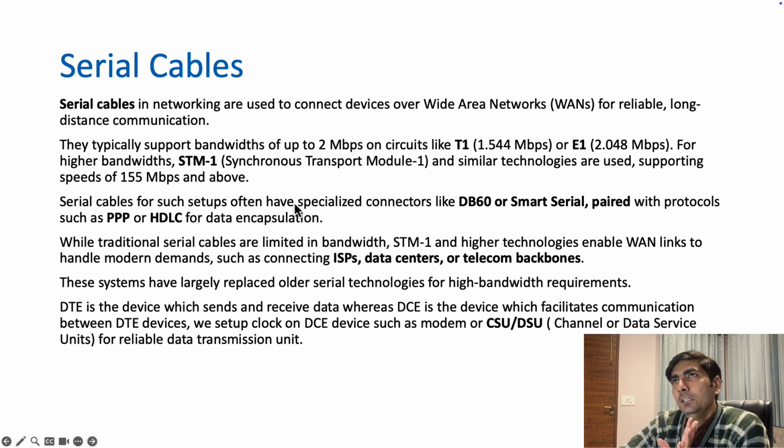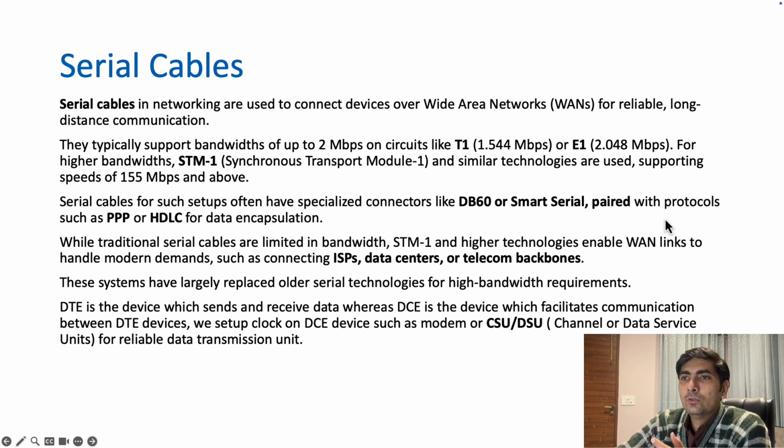At that time these were supplying up to 155 Mbps download speed and upload as well. Okay, so synchronous transport module means the same upload and download. So these will have connectors like DB60 connector type, or smart serial, or paired. These are the connector types.